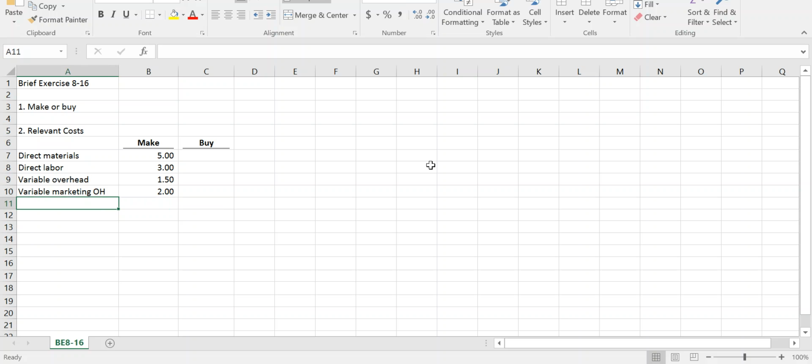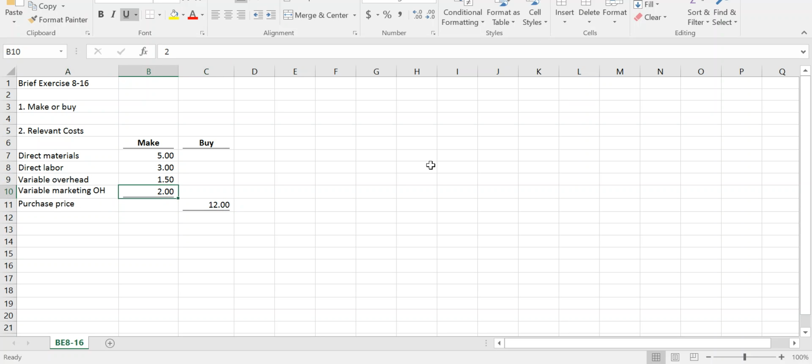But in the additional information that it provided, it tells us that our fixed overhead will exist regardless if we make the product or buy the product, which means that it is not a relevant cost. It's not going to differ amongst alternatives and therefore should not be considered as part of one of the pieces that we look at to make this decision. We also have the purchase price. I don't have to purchase it if I make it, but I do have to purchase it if I buy it.